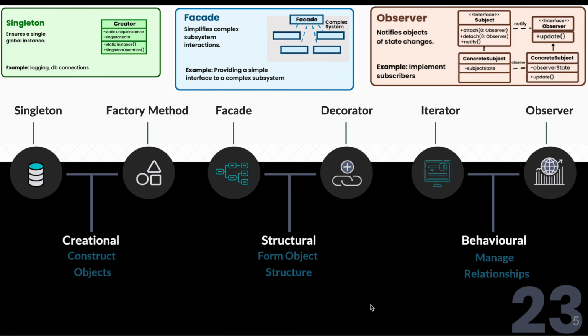In the case of structural design patterns, facade and decorator are the most frequently used design patterns. The facade design pattern is used where we have a complex relationship between multiple classes, and each class is instantiating the instance of another class at runtime.